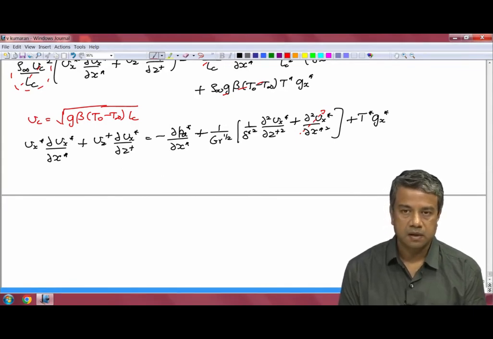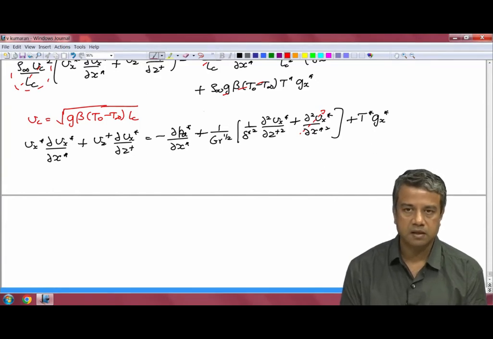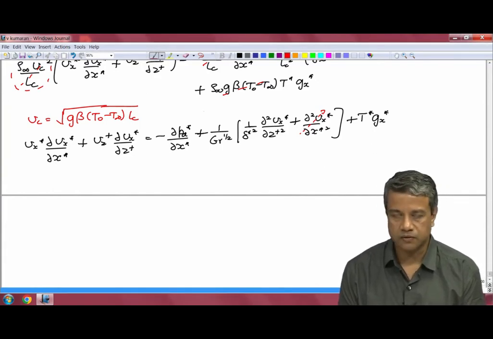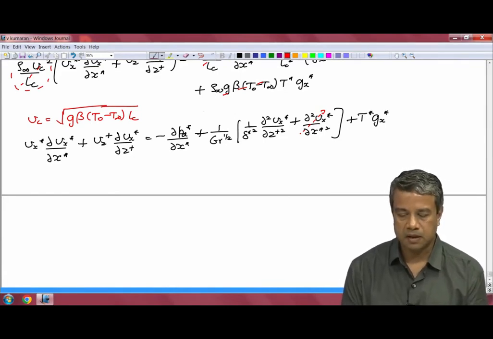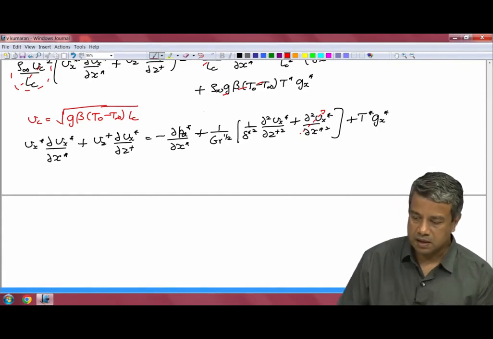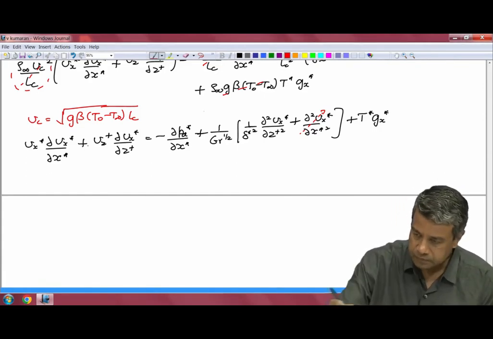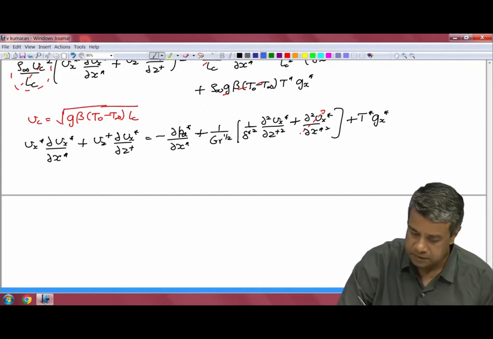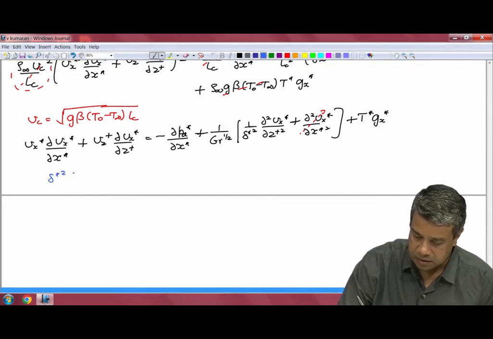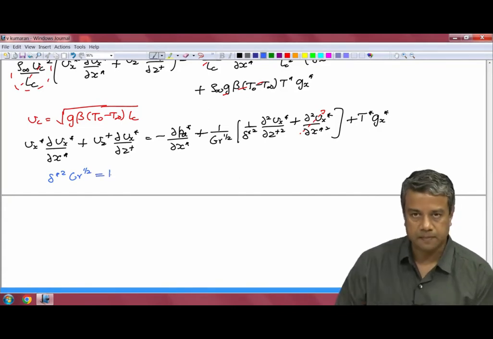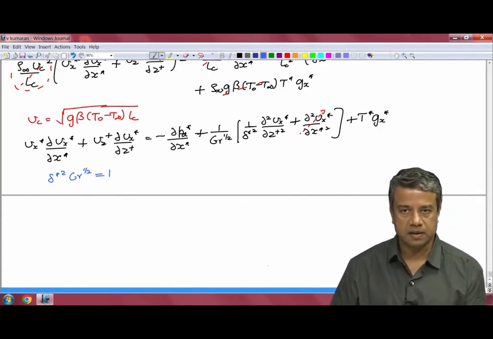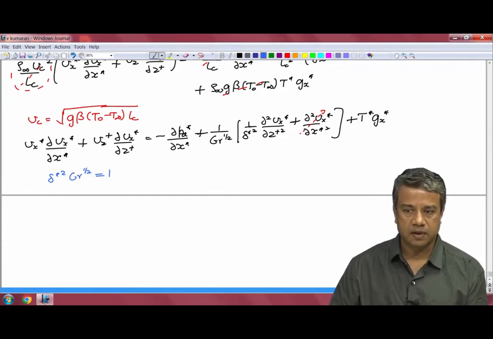For cross stream diffusion, convection and the body force term to be comparable in the limit of high Grashof number, it is necessary that delta star into Grashof number to the power 1/4 is equal to 1. This is the relation for the boundary layer thickness.